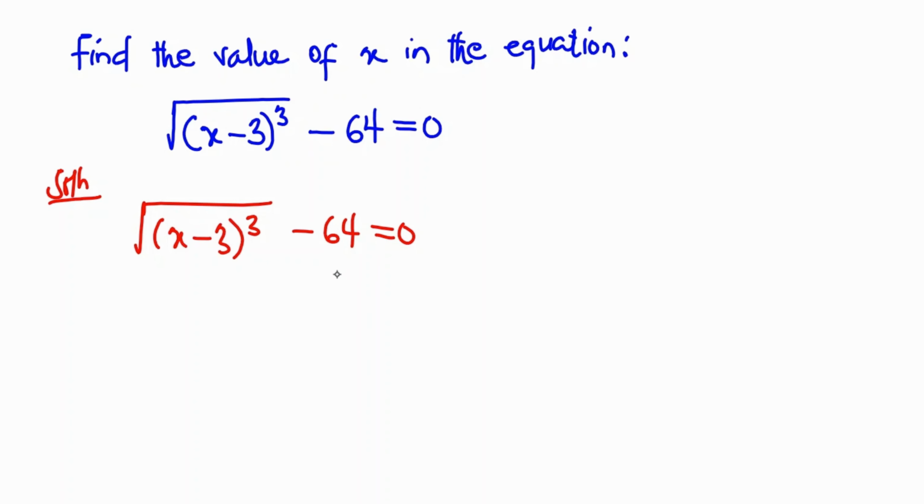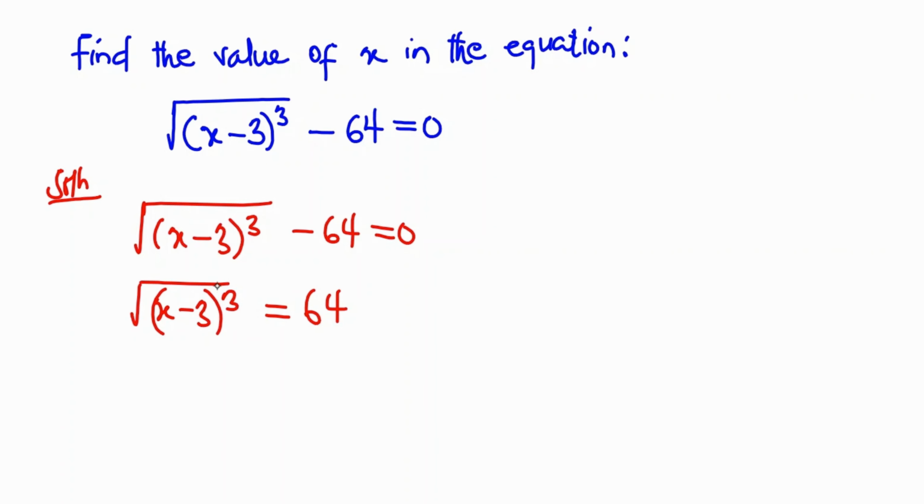So just like we said earlier on, for radical equations, to ease the work, we group the like sets or the radicals at one side and group the rational numbers at also one side. So in this case, it means we have to transpose the minus 64 to the right hand side so that we can have the radical x minus 3 all exponent 3 here, and then to be equal to 64.